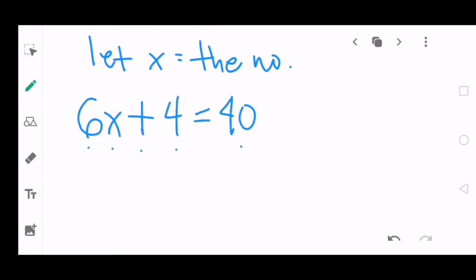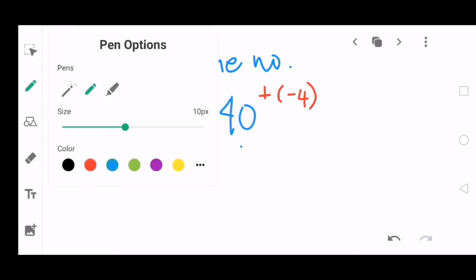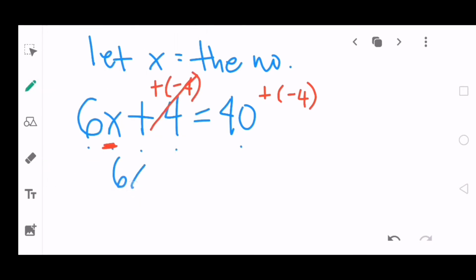Now what we're going to do here is to solve for our unknown variable, which is x. What we'll do first is to apply the addition property of equality, or simply add negative 4 to the left and right side of the equation, to make it balanced and in order for us to cancel this one out. What will be left here will be 6x.